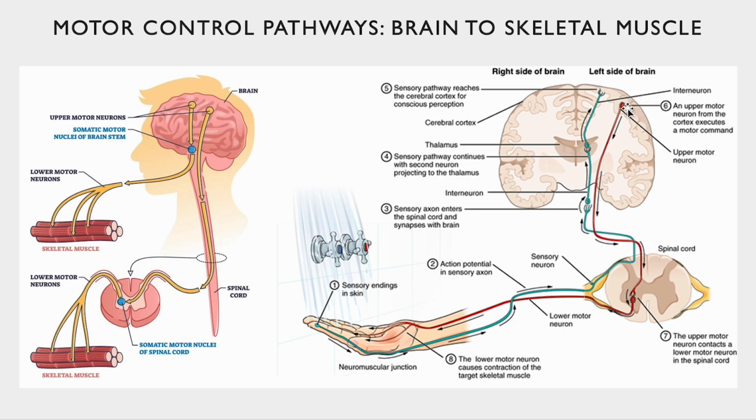There are thousands of connections here within these two areas of the brain, the sensory and motor cortex. Here we have the influence of the limbic system, emotions, memories, and the cerebellum. We have many connections here that will determine what is the response to that stimulus. If this is, for example, hot water, of course, the response is going to be a withdrawal of the hand from the stimulus.